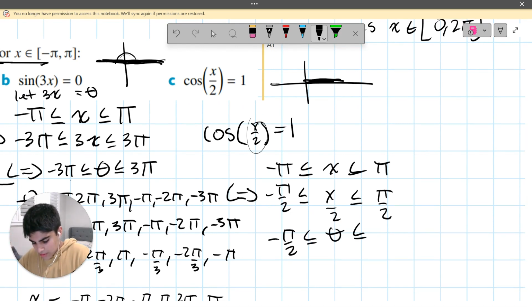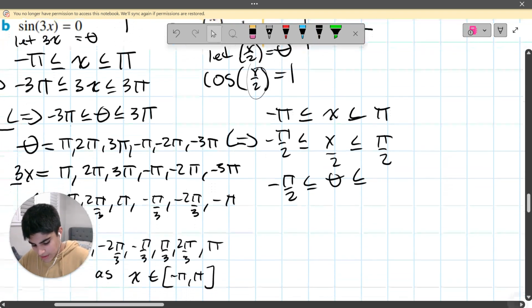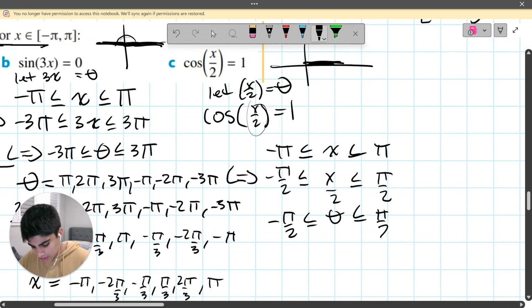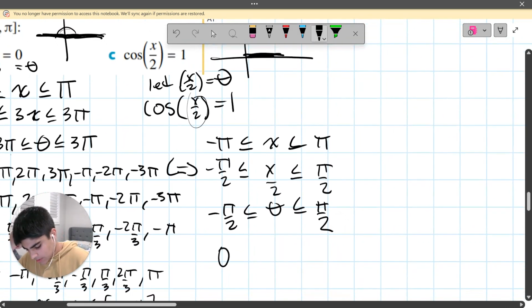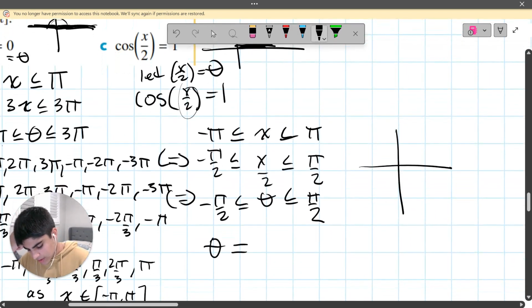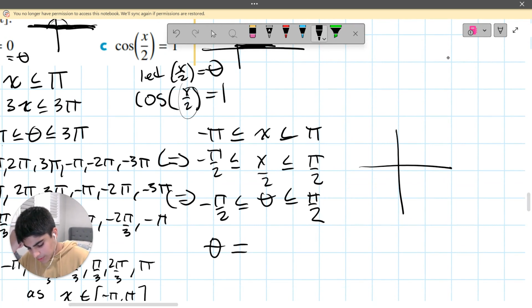Theta is less than or equal to pi on 2. Now theta, okay, starting at negative pi on 2, 0, to pi on 2. Theta is 0. There are no solutions.